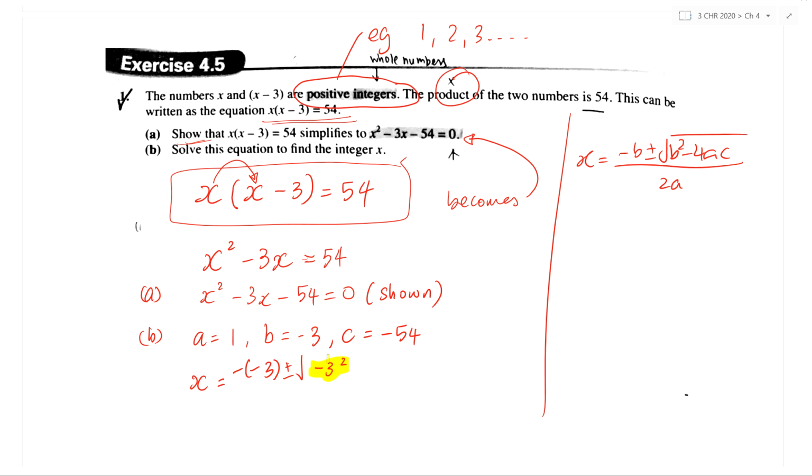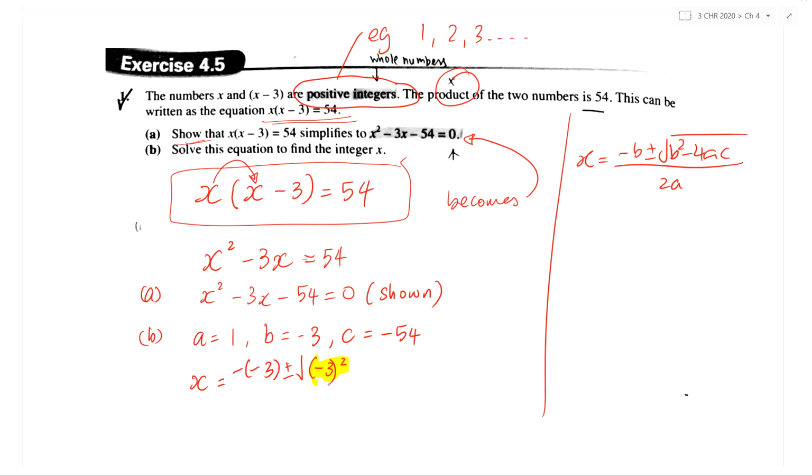This is not supposed to be the value of B square. We are supposed to square the entire B. B itself is negative 3. I am supposed to square this entire negative 3. Therefore, we must put in the brackets. When I put in the brackets, what will the answer be now? Is it positive or negative 9?